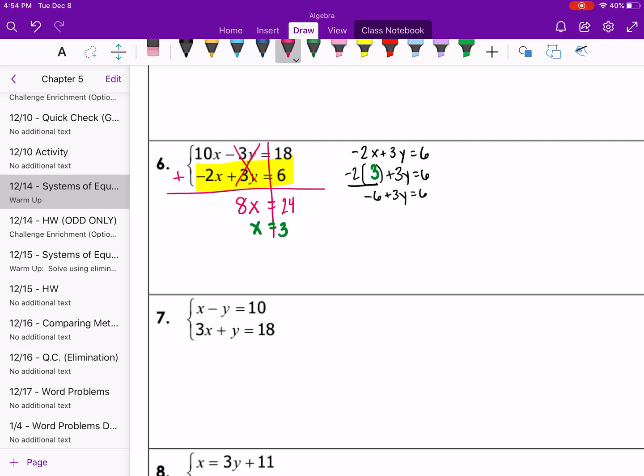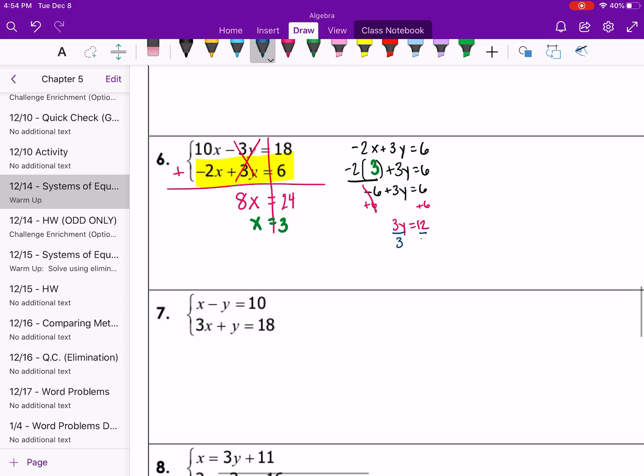So I would end up adding 6 to both sides. We've already been basically using elimination method, leaving me 3y equals 12, and then isolating to solve that y, which is 4. I'm going to take my x and my y and write my single solution.